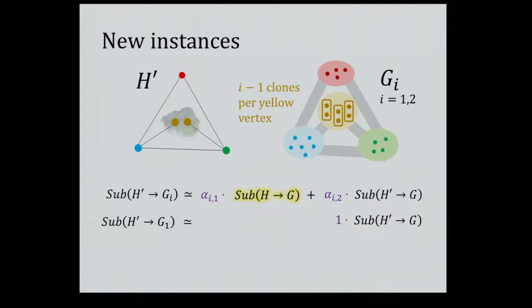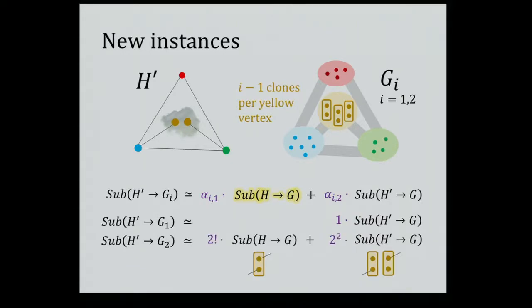We can check that the number of H prime subgraphs in G1 is just by definition the number of H prime subgraphs in G, because G1 is obtained from G by adding nothing. So this equation is just trivial. In the second case, we want to count the copies of H prime in this graph G2.